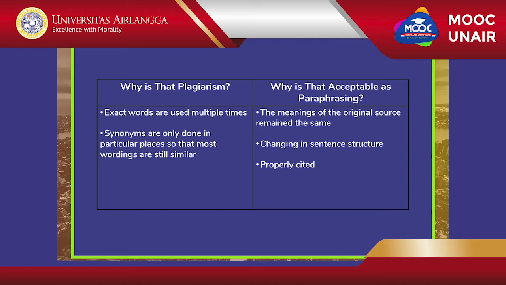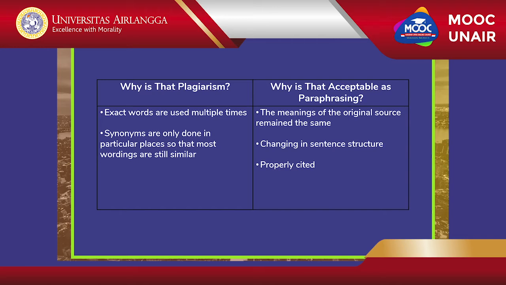Now, how about the second text? How is it good paraphrasing? Well, it makes sure that the idea or meaning of the original text that it is trying to convey does not change in comparison to the source, which is a very important thing to do.